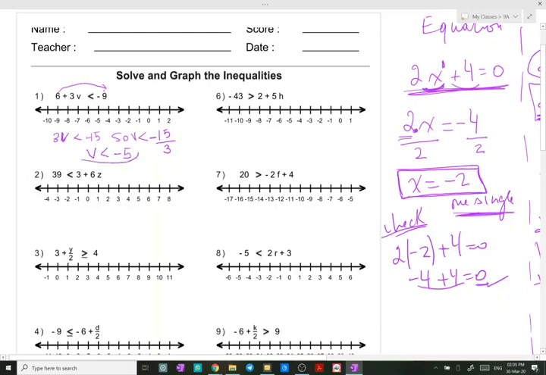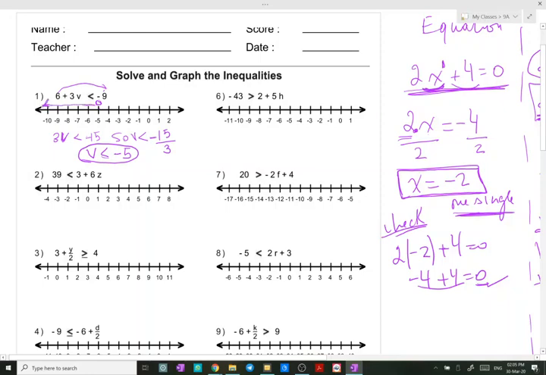Now when you express this on the number line, you stand at minus 5 and draw an empty circle, and since it's less than minus 5, you go to the left.